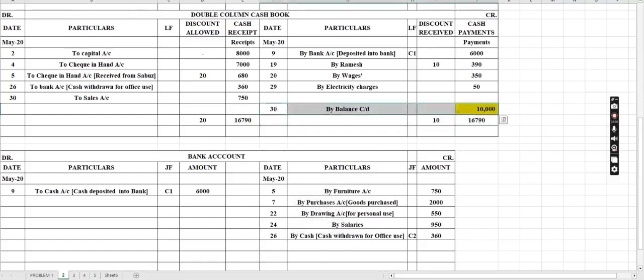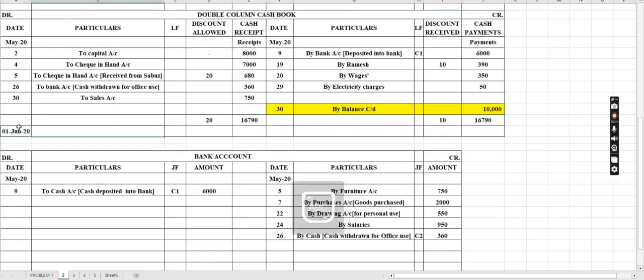Okay, here on first of June 2020, to balance brought down, the same amount will come here, 10,000 rupees. This is what we need to write here.